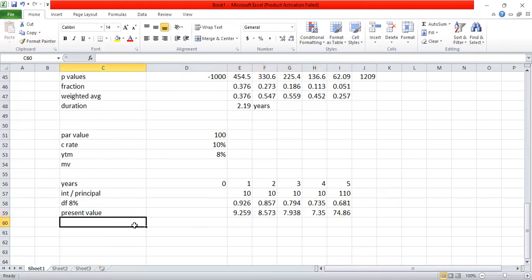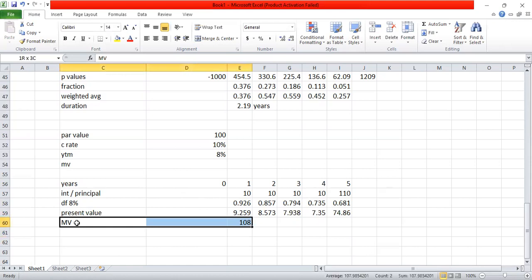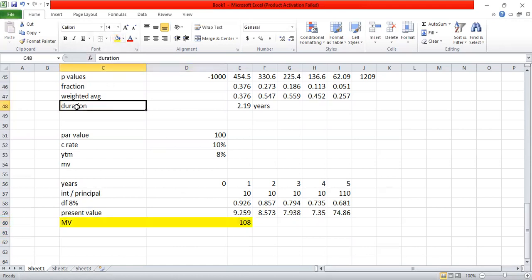Now to get the market value, apply the sum. This is the market value of the bond. This was the duration.